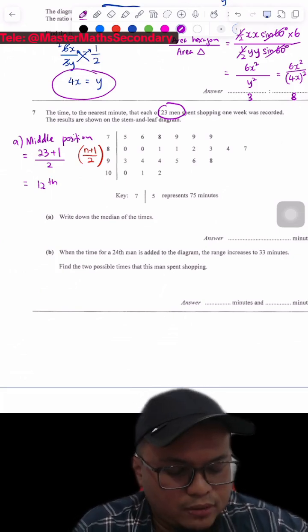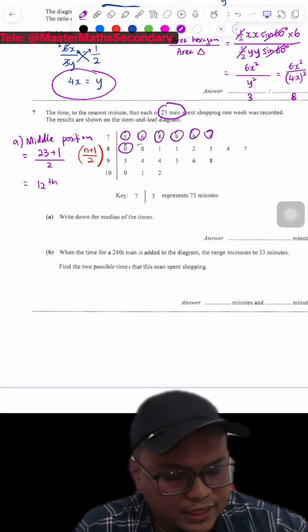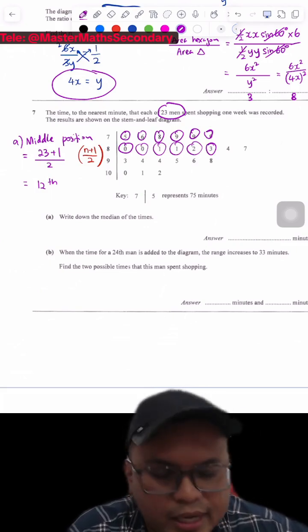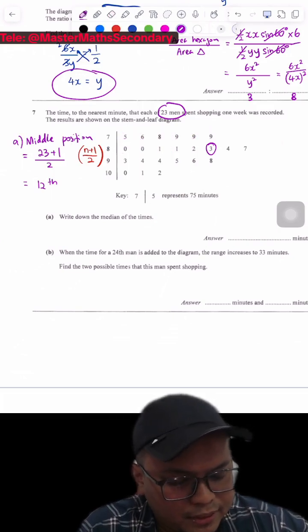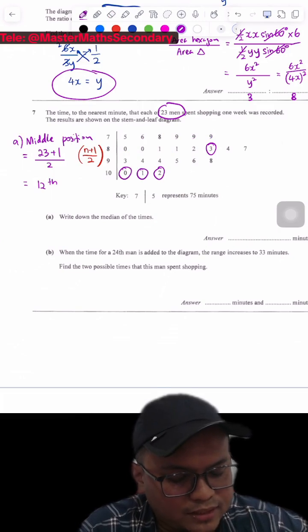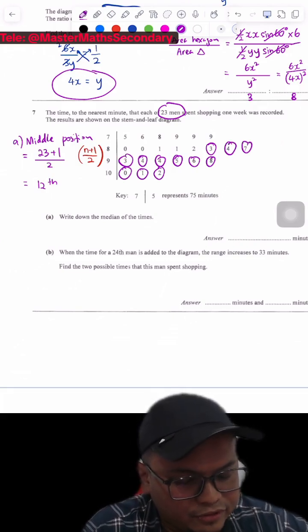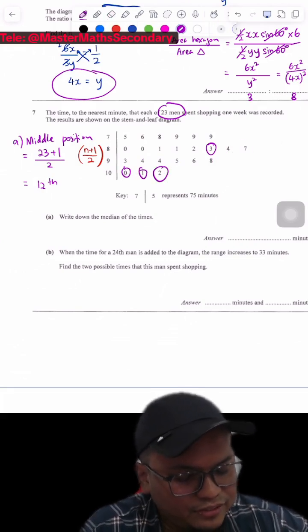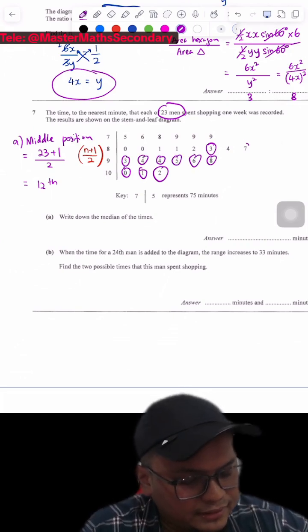So you go and count 1, 2, 3, 4, 5, 6, 7, 8, 9, 10, 11, 12. Now actually it doesn't matter where you count from. You can count from the bottom or you can count from the top. That means from 1, you can count backwards. 1, 2, 3, 4, 5, 6, 7, 8, 9, 10. Did I count wrongly? Hold on. So 1, 2, 3, 4, 5, 6, 7, 8, 9, 10, 11, 12.